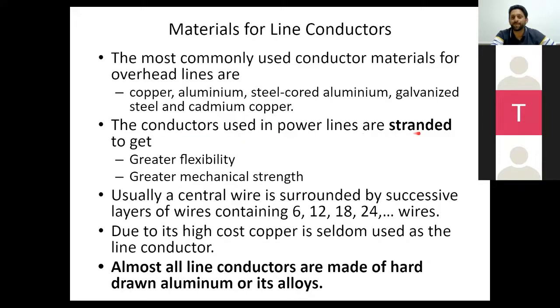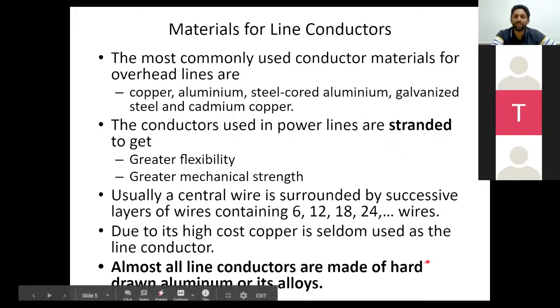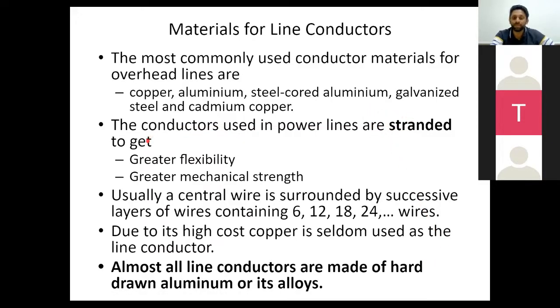Okay. So power lines will be stranded, meaning many small conductors are put together and twisted to make one conductor. It is to get higher flexibility. If you have a thick conductor and you bend it, it will break. But if it is many small ones put together and twisted, you can easily bend it.